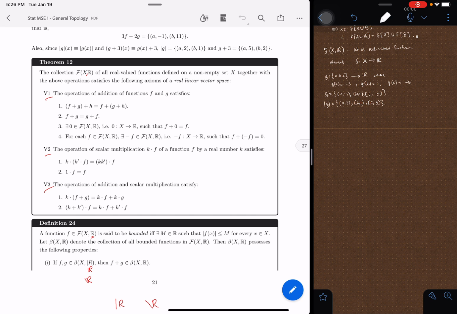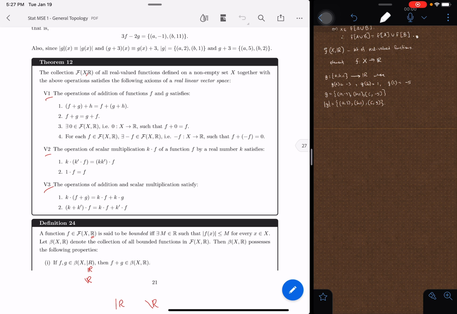Okay, the set of all real valued functions, denoted by script F(X, R), is a real linear vector space. A vector space is a set that satisfies some properties. For example, we have the operation of addition of functions.